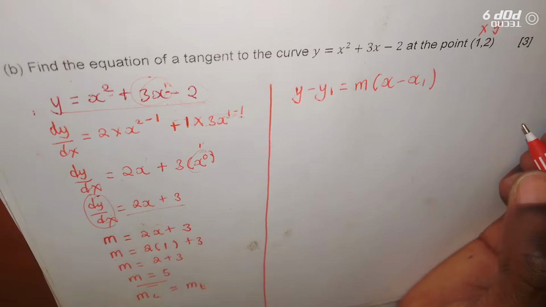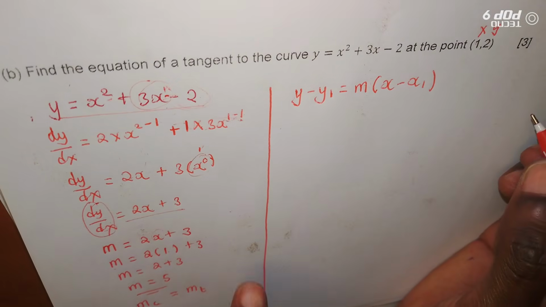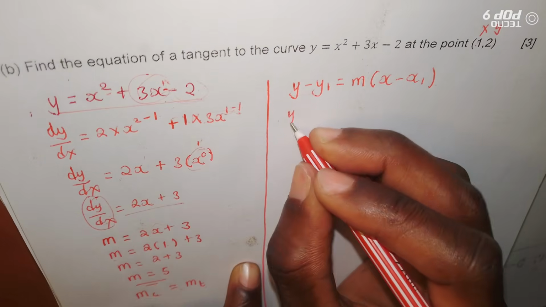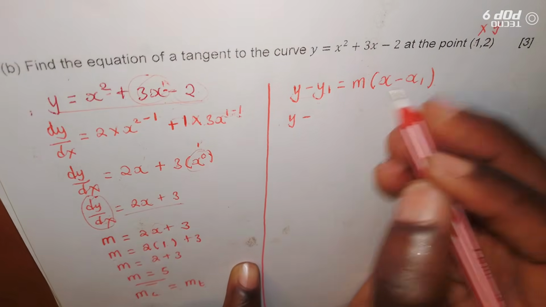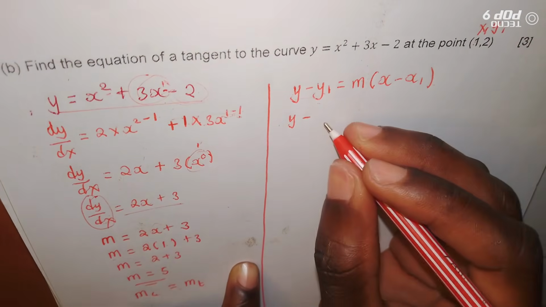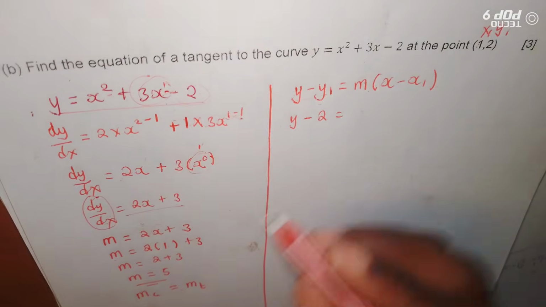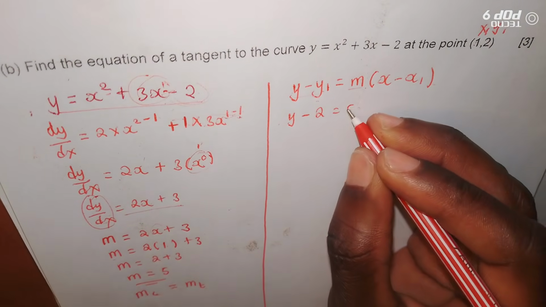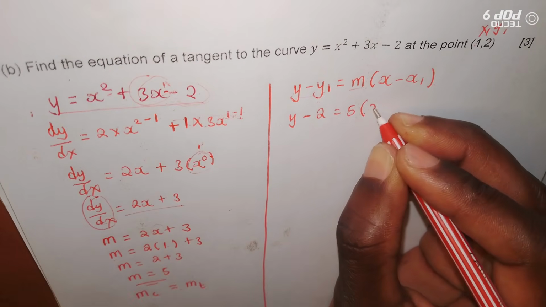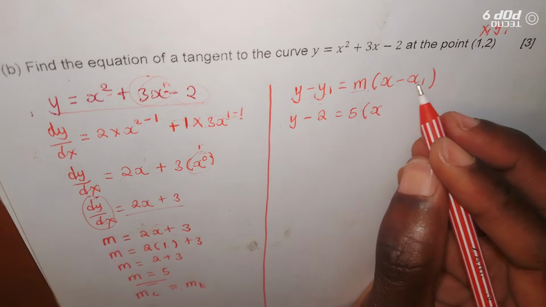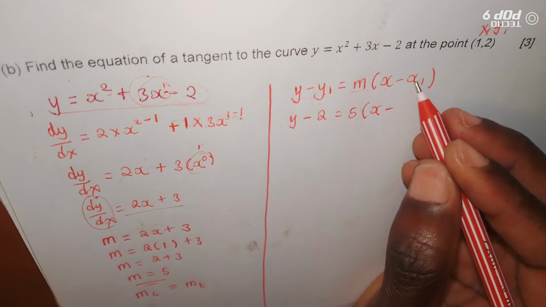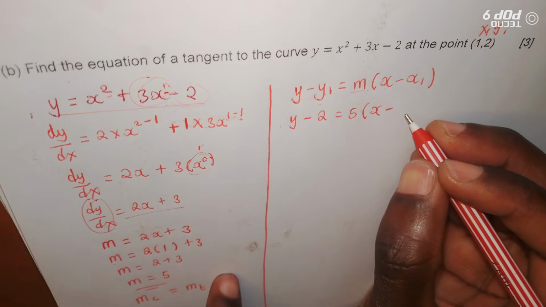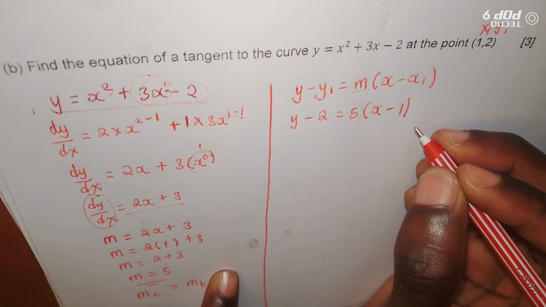Now in this equation we have the point (1, 2), so where there is y1, we substitute 2. The gradient of the curve, or of the tangent, is 5, so where there is m, we put 5. Where there is x, don't substitute anything. We just substitute where there is y1 and x1, and x1 is 1.